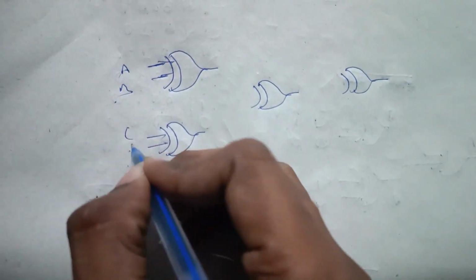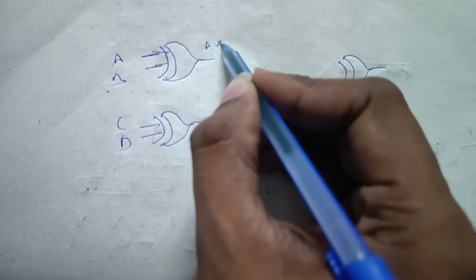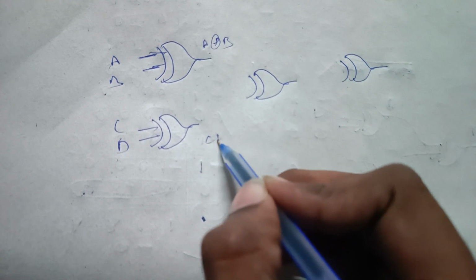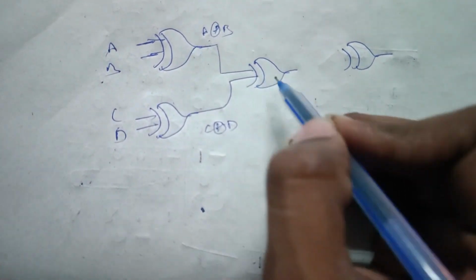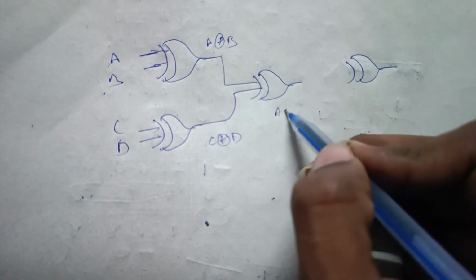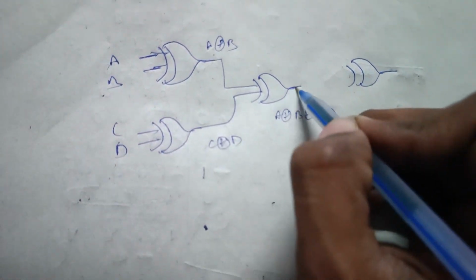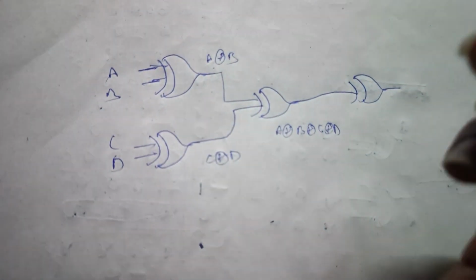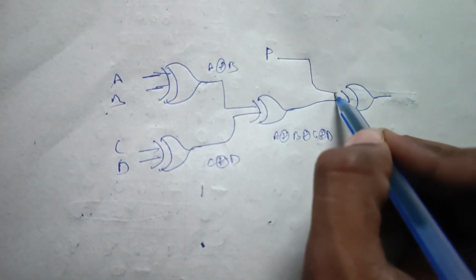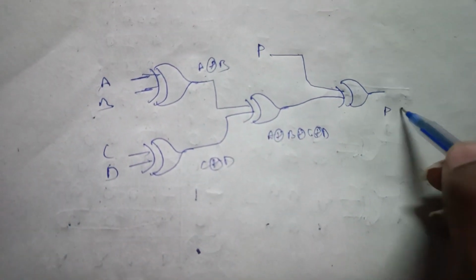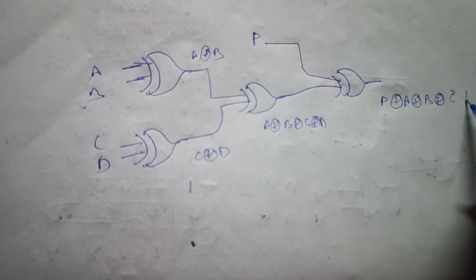A, B, C, D. Here we get A XOR B, and here we get C XOR D. Both are given to this XOR gate, where we get A XOR B XOR C XOR D. This is given to one input of the last XOR gate, and the other input will be the parity, P.